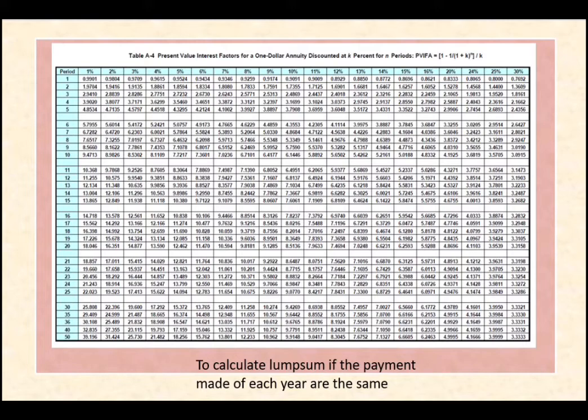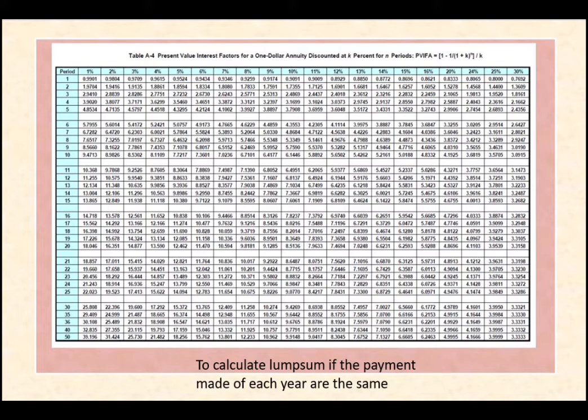If I want to find the present value of the 4000, then I have to use this table, because the payments are the same amount. If the interest rate is 7% and the period is 2 years, the factor is 1.8080. We do 2,000 times 1.8080. So the present value of the 4,000 is 3,616.